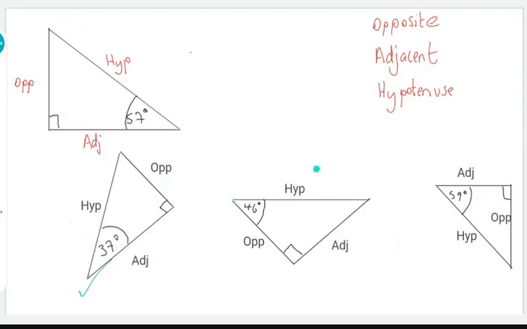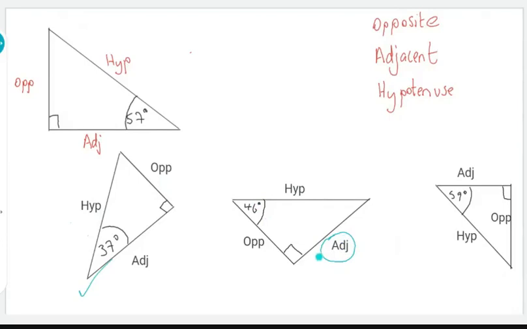This next one, the hypotenuse, great, it's opposite the right angle. And then the adjacent, question, is that adjacent in between the angle and the right angle? Our angle is 46 degrees. Is this placed in between?